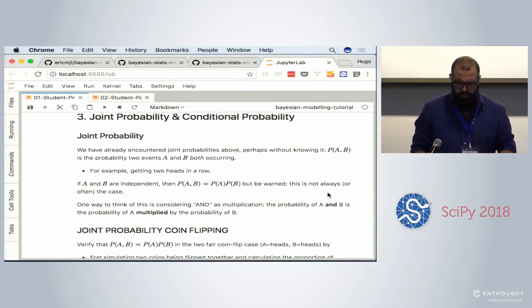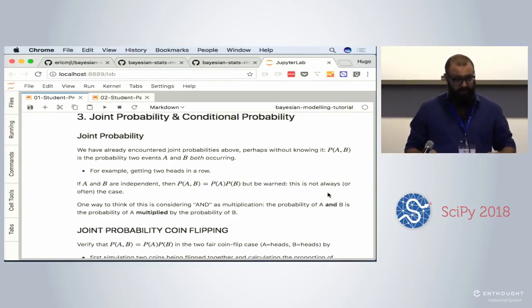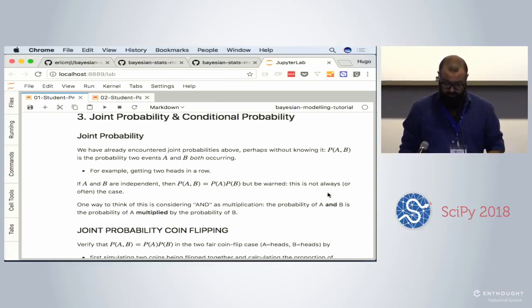A joint probability, essentially, is the probability of two events both occurring. So, for example, we've seen getting several heads in a row as being a probability, but you can think of that as a joint probability of getting two heads in a row, okay?